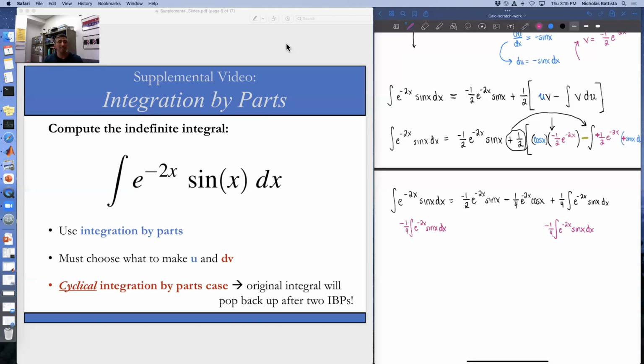Again, the integrands are the same. So when we subtract these things, we really just have to subtract and do some arithmetic with their coefficients. So this coefficient in front of the integral on the left-hand side is a 1. So if we have that integral minus 1/4 of the same integral, well, overall, that's going to give us, on the left-hand side, 3/4 of that integral.